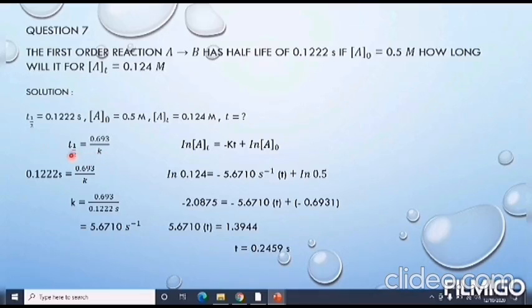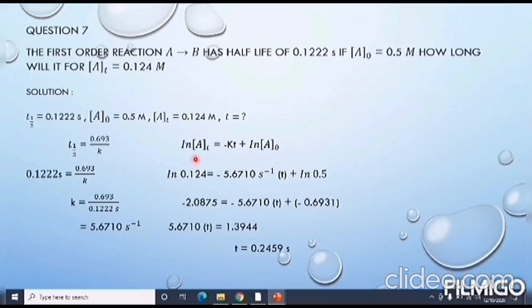So half-life equals 0.693 over K. So we have half-life 0.1222 equals 0.693 over K. K equals 0.693 over 0.1222. So we can get the value of K. After we calculate, we get 5.671.